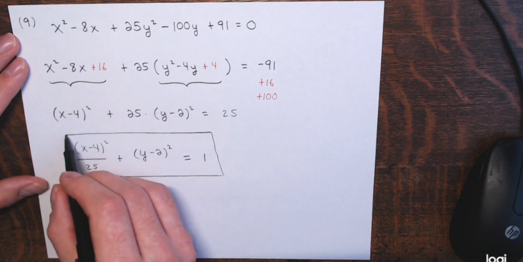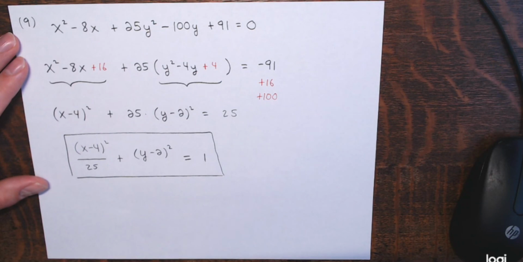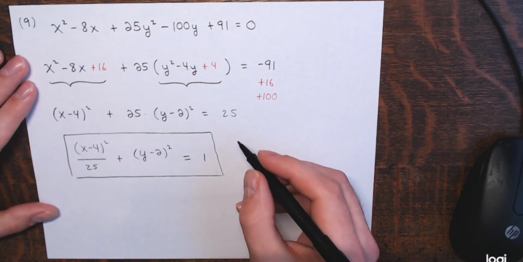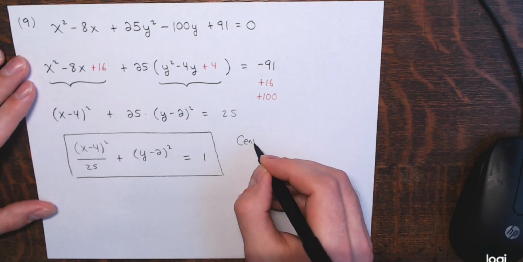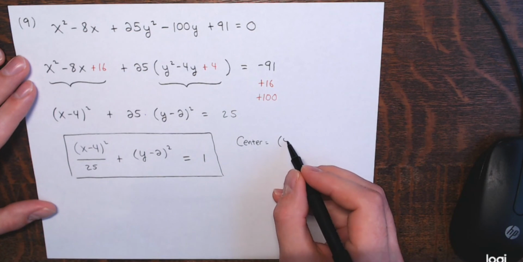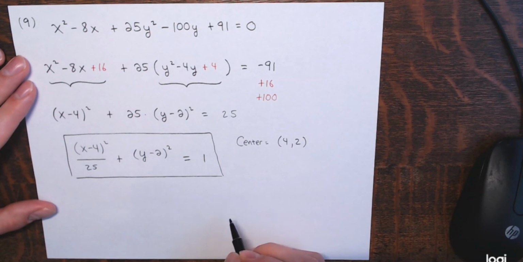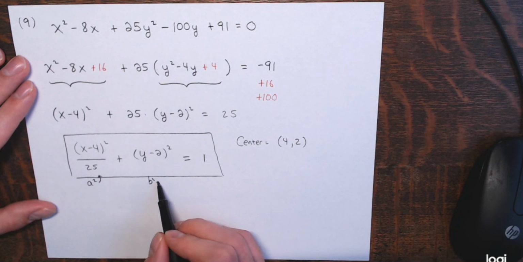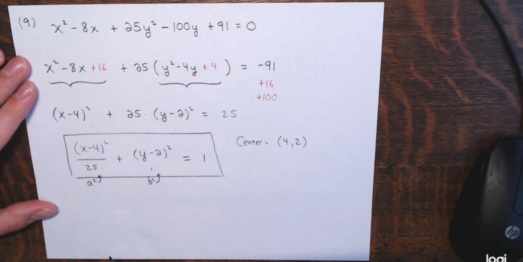No, it's not the final answer, but now that I have it in standard form, I should be able to identify all the important points. The center of this ellipse is 4 for x, 2 for y, right, the point (4, 2). A squared is 25, b squared is 1. Remember, the larger of the two denominators is a squared.